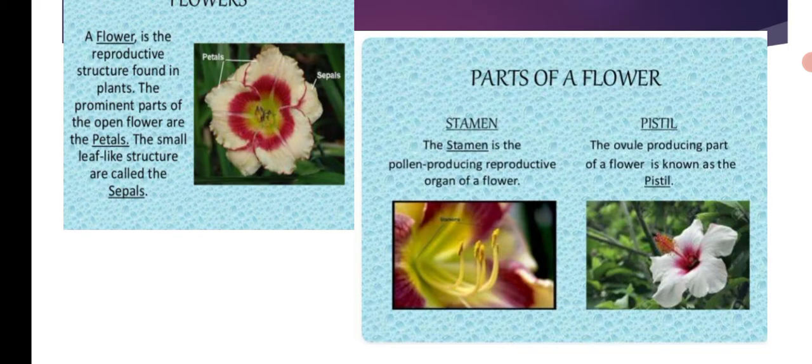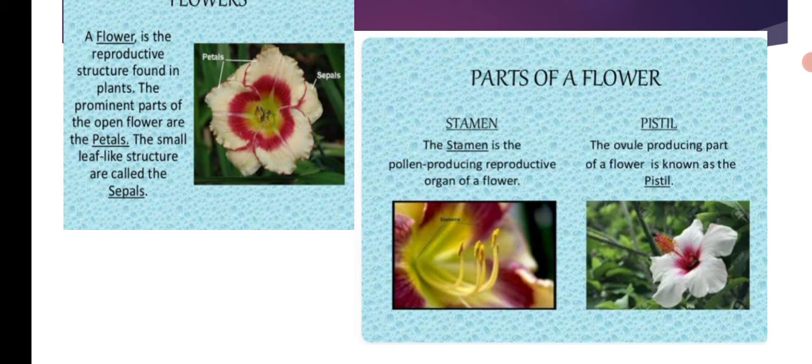Here androecium is made by small structures called stamens. A stamen contains two parts, the anther and filament, and the gynoecium is made by the small part called pistil. It is also called carpel.